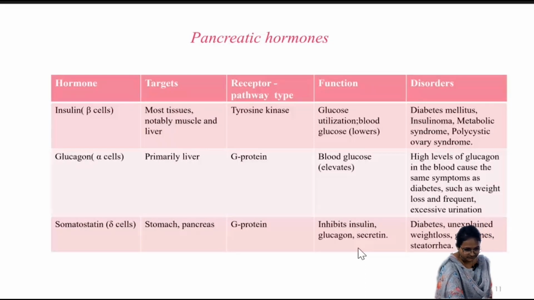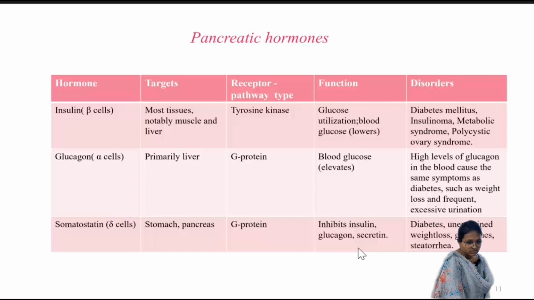And coming to the disorders, diabetes mellitus, sure, polycystic ovary syndrome, insulinoma, and coming to glucagon disorders, high levels of glucagon give the same symptoms as diabetes. And somatostatin, you may go through gallstones and steatorrhea.